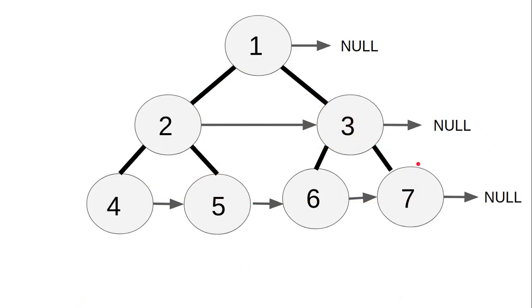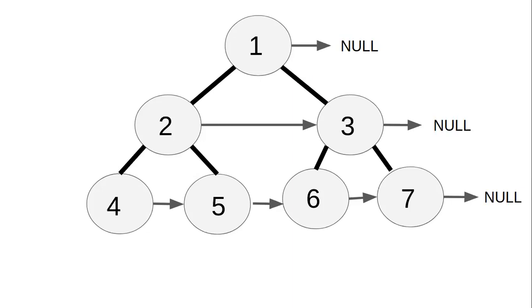Why? Because if there are n nodes in my perfect binary tree, then there are n by 2 non-leaf nodes. In this way, the time complexity is also reduced, because it just traverses n by 2 times. And here we have not used any containers to store the nodes. We just traversed level by level, a level order traversal, but not using a queue.